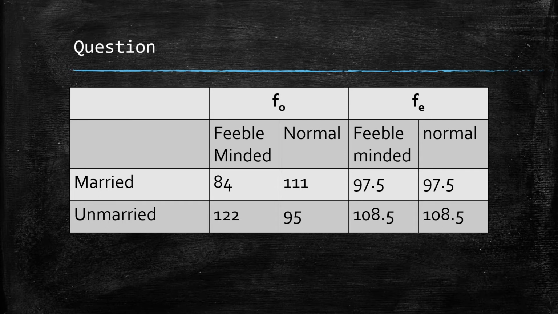You have been given the observed frequencies for feeble-minded married persons and for normal married persons. Then for feeble-minded unmarried persons and for normal persons who are unmarried. These are the expected frequencies.